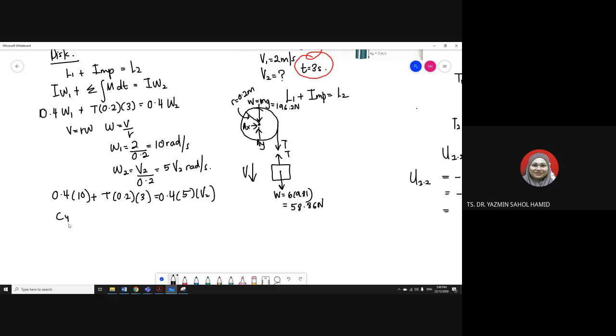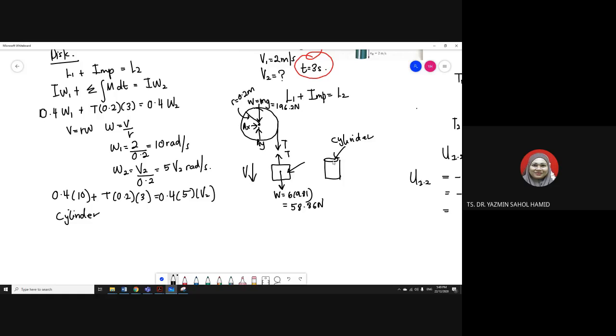Now kita nak do the cylinder. Now for the cylinder, okay, the cylinder macam bentuk macam ni. Okay, selalunya kita guna block cylinder atau block.